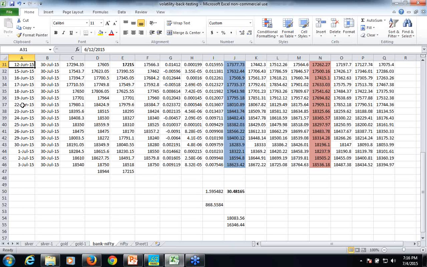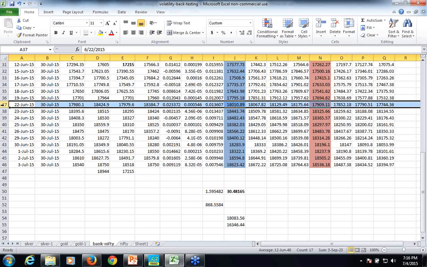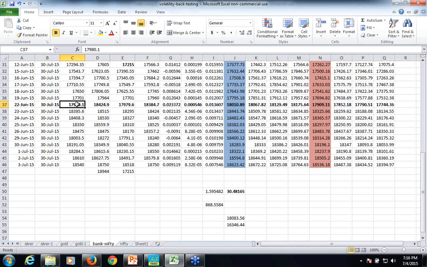So look at 22nd June, which is the 11th trading day, because the 10th day was a holiday. Out of these days, 4 days are holidays. This is what you got on 22nd June.